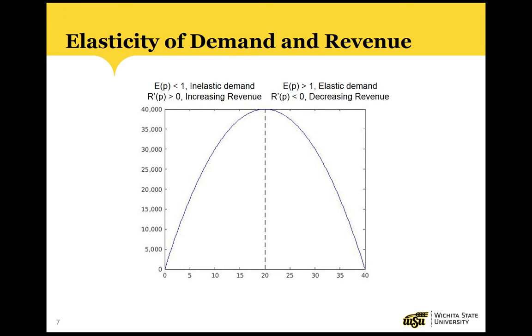This graph here is a graph for the revenue of the problem that we just looked at. And I wanted to use it to explain what's happening. Now, as we move in this direction, we are talking about price increases.